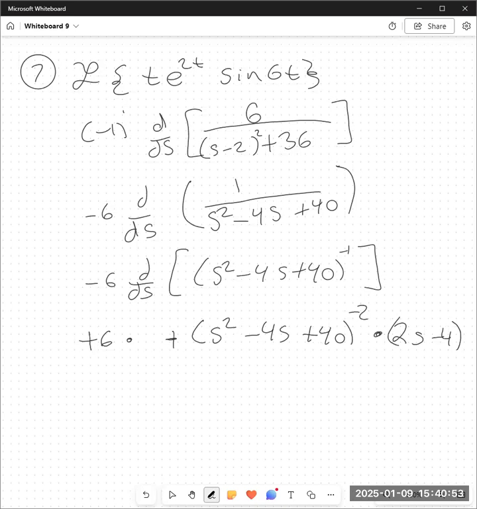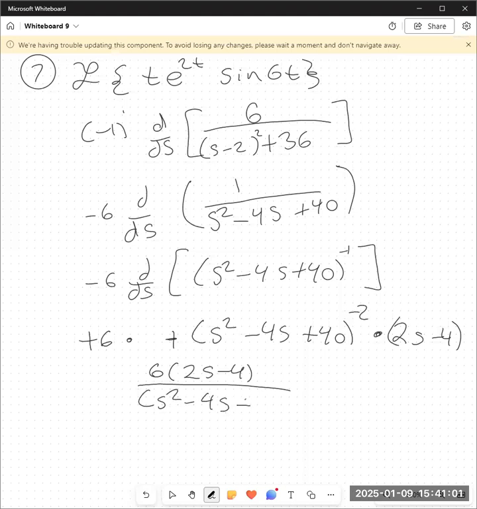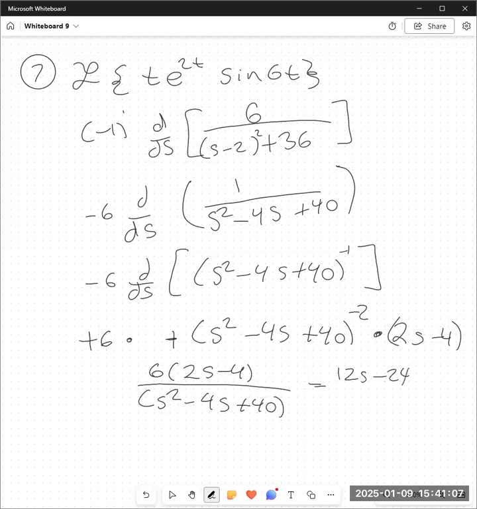Negative will be a positive. 6 times 2s minus 4 is my numerator. My denominator is s squared minus 4s plus 40. So that gives me 12s minus 24. My denominator can go back to being s minus 2 squared plus 36, and that gets squared. This is to the negative second power, so that's a 2 in the denominator. So there's a 2 on the whole thing.